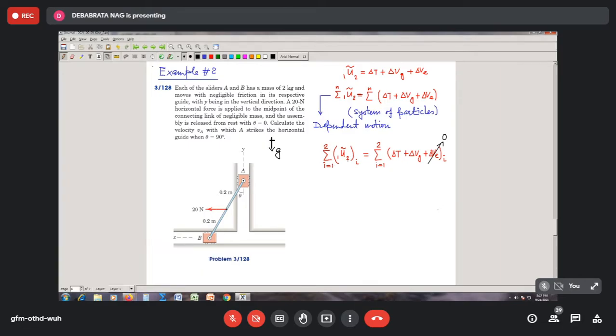Now, in order to carry out this work integral, or the work function, the only active force within this system other than the force due to gravity and spring is this 20 Newton force.